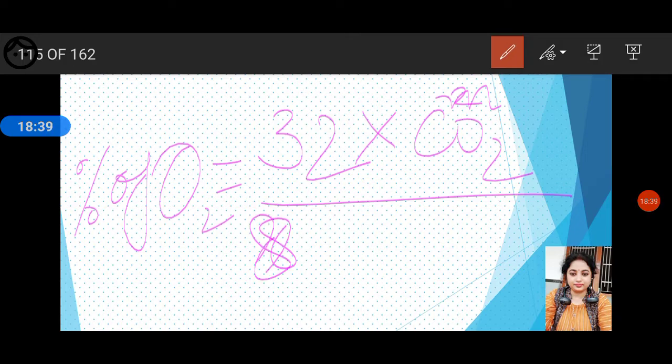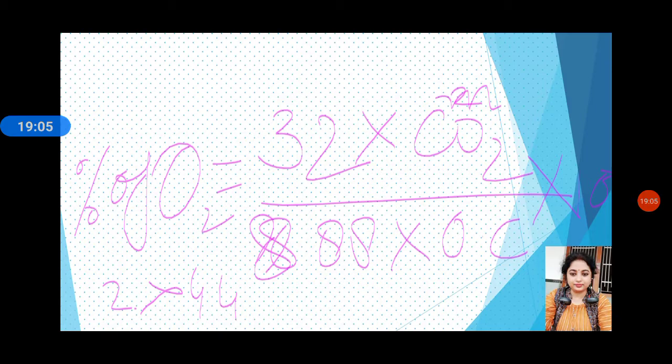What is 88? Two moles of CO2 are formed, so 2 into 44 gives 88, into mass of organic compound, into 100. By this formula, we can calculate the percentage of oxygen.